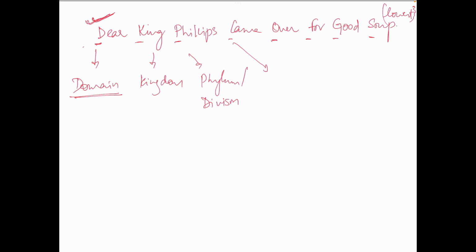C is for class, O is for order, F is for family, G is for genus, and S is for species. You just have to remember one statement: Dear King Phillips came over for good soup.